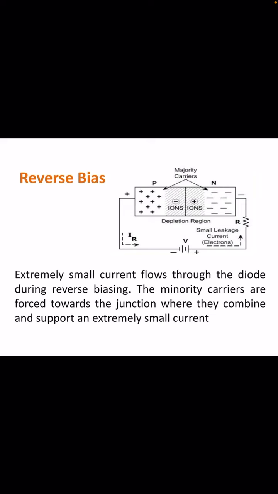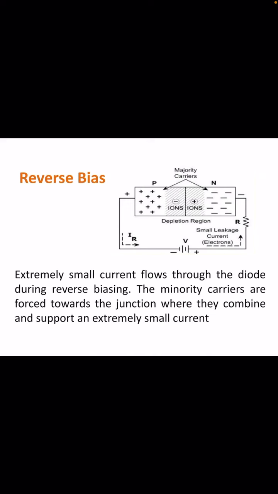Now the voltage polarity is opposite, so holes will not move from P to N, and similarly electrons will not go from N to P. So the minority charge carriers in P, which are the electrons, will go from P to N, and so there will be a very small amount of current, in the microampere range. So generally or ideally it is taken as 0.